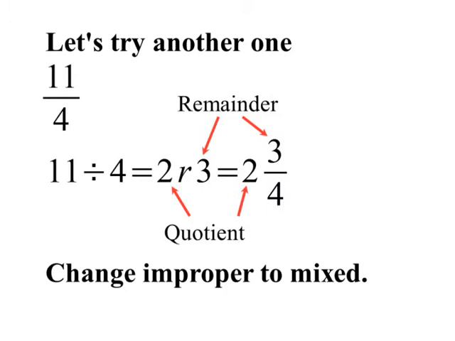So we take the quotient, which is 2, and use that as our whole number. And we take the remainder, which is 3, and we use that as the numerator of the fraction part of the mixed number. So 11/4 becomes 2 3/4.